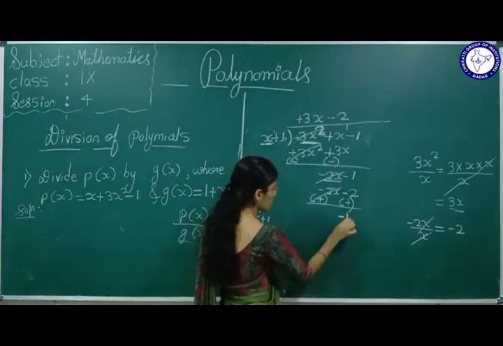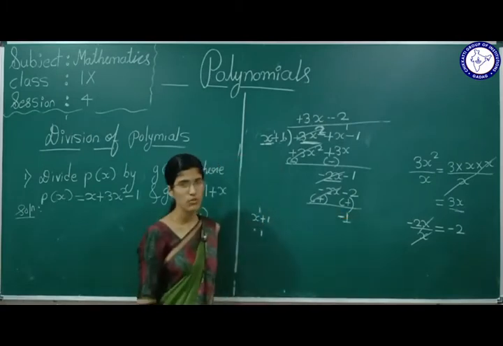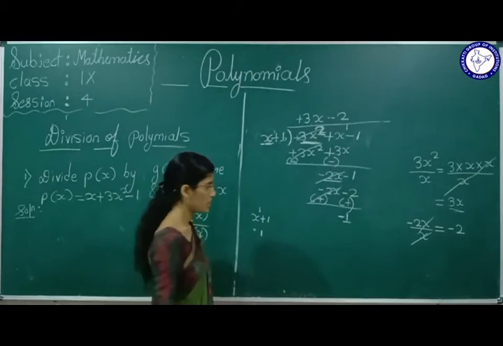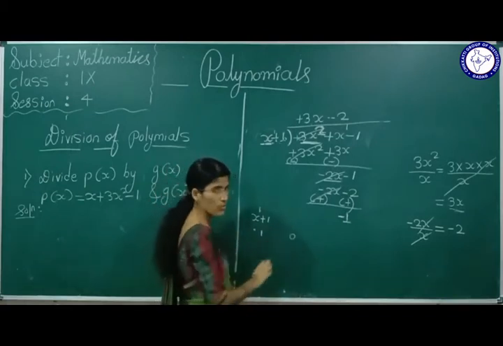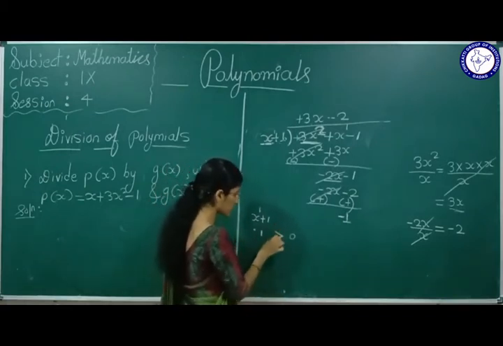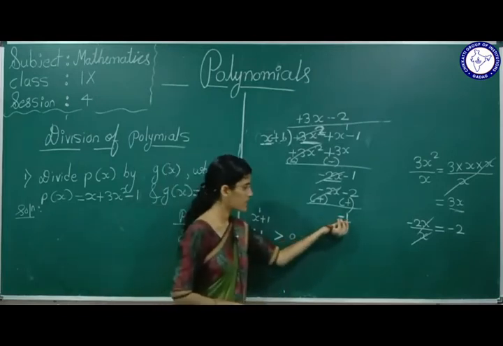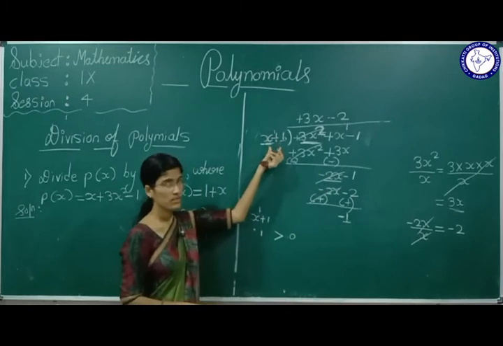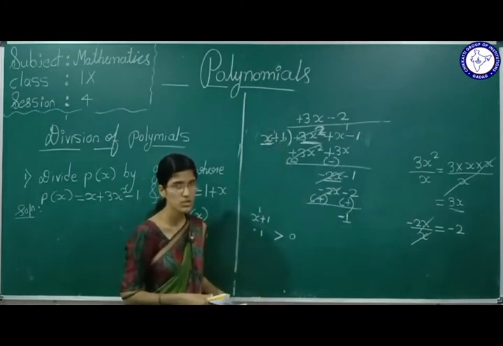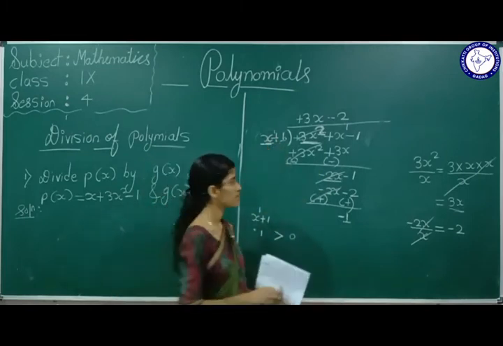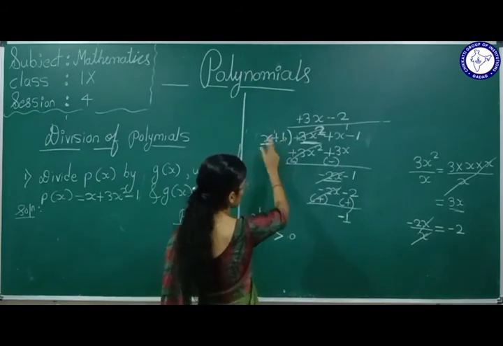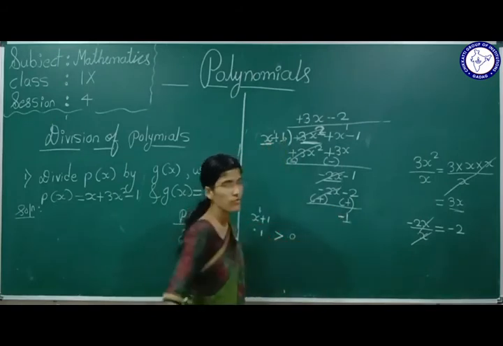The degree of a constant polynomial is 0. Here 1 is greater than 0. This means when this degree is less than this, at that time we have to stop. The degree of the divisor is greater than the degree of the remainder.